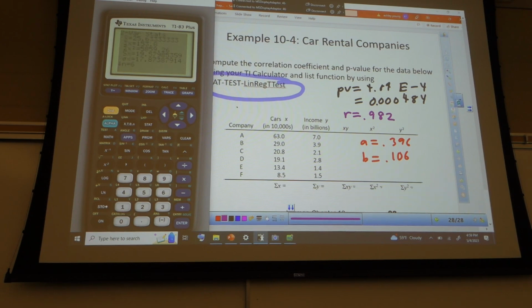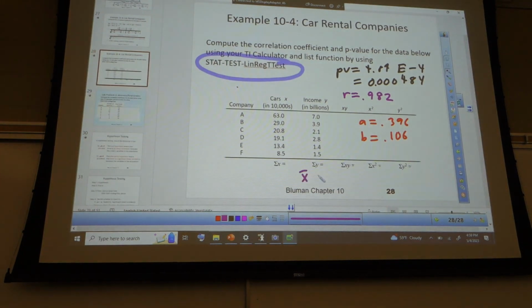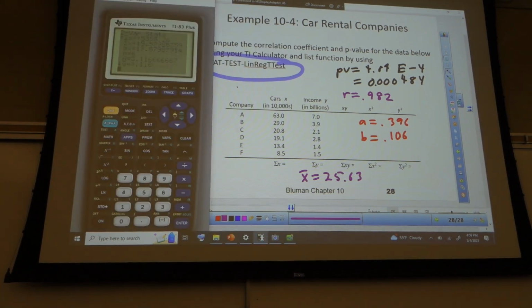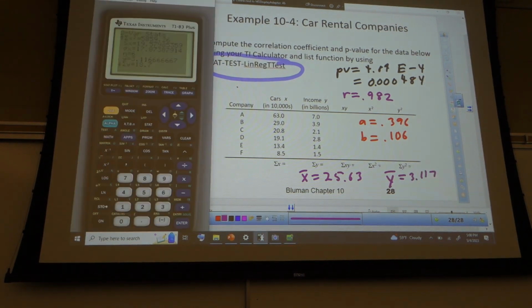Our x bar is 25.63. If I scroll down, I'll get my y bar, 3.117. It's just good to have those pieces in there.